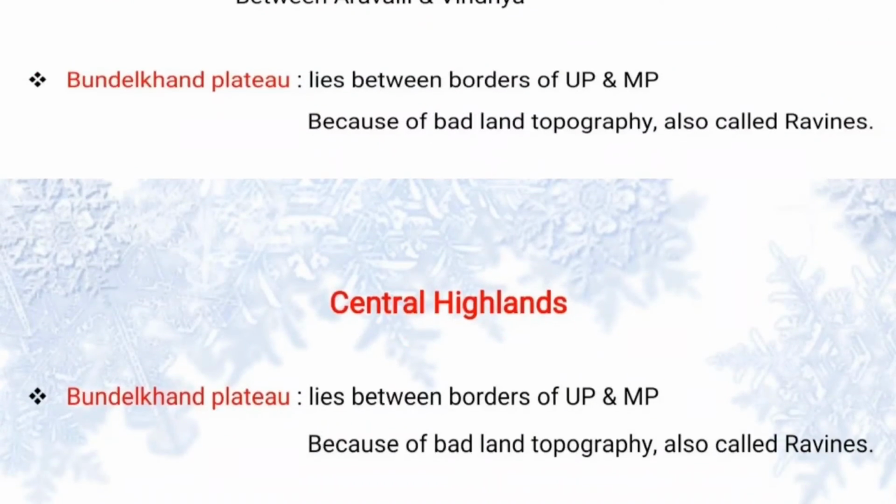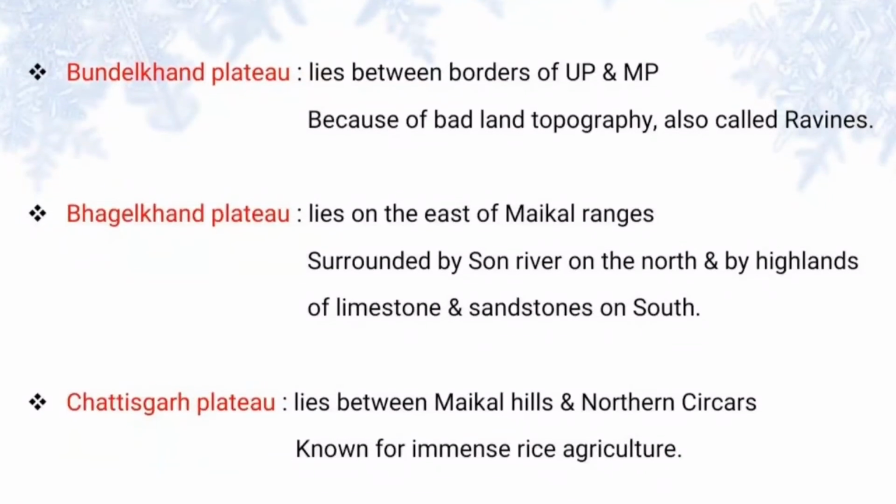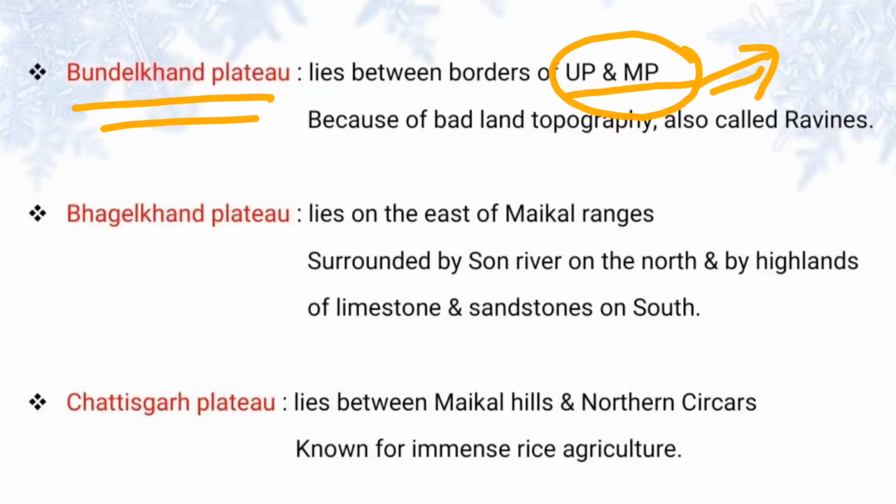Fine. Coming to the Bundelkhand Plateau. The Bundelkhand Plateau lies between the borders of UP and MP. You know, UP is to the top north, and MP is in the south of UP. So in between the borders of the two you will have the Bundelkhand Plateau.